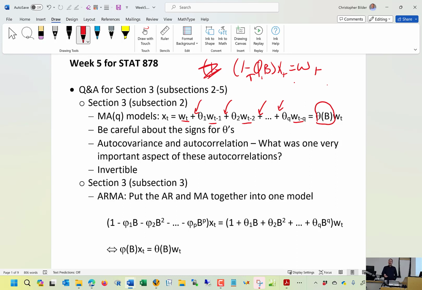It's a little bit odd to have this negative out in front of this phi. But just remember that if I were to rewrite the model, when I take that x of t minus 1 over to the right side, which is B times x of t, I have a positive now out in front of that phi 1. So whenever I have stuff on the right side, I have that positive there.